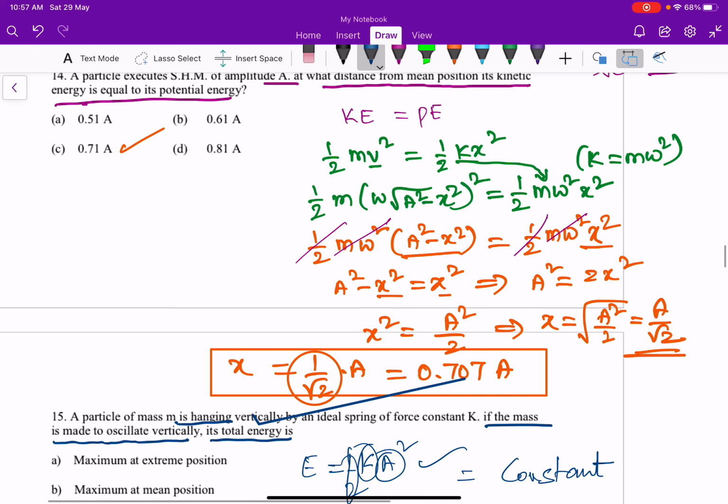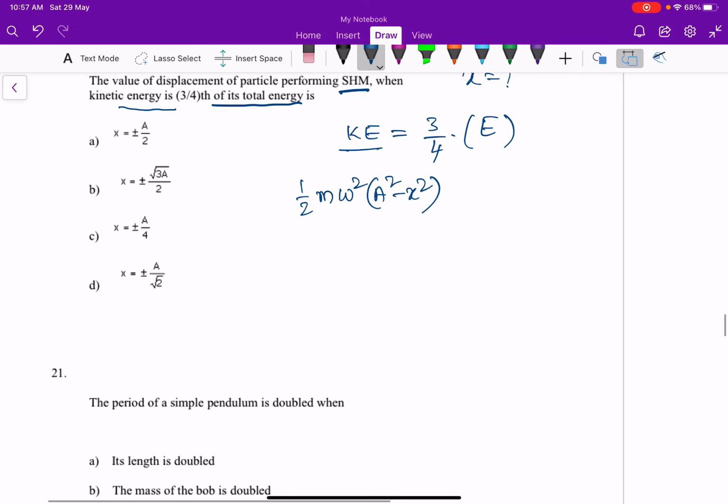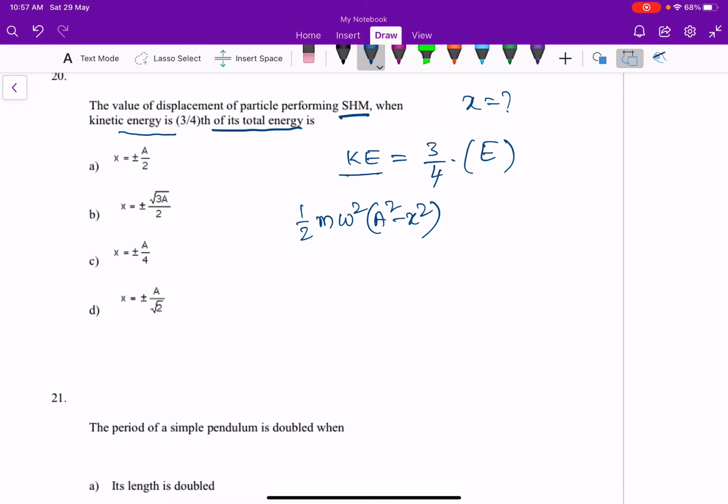Half m omega square into a square minus x square equal to 3 by 4 into half k a square. The total energy expression is half k a square.